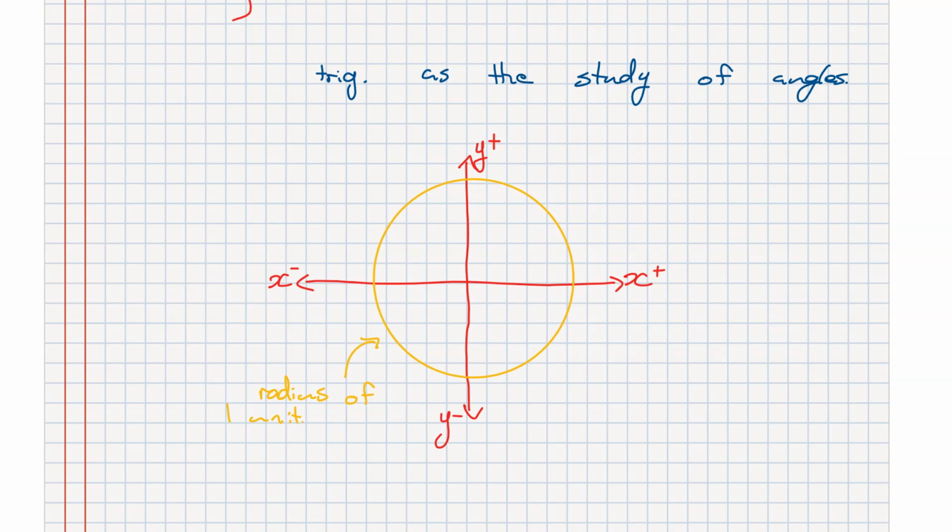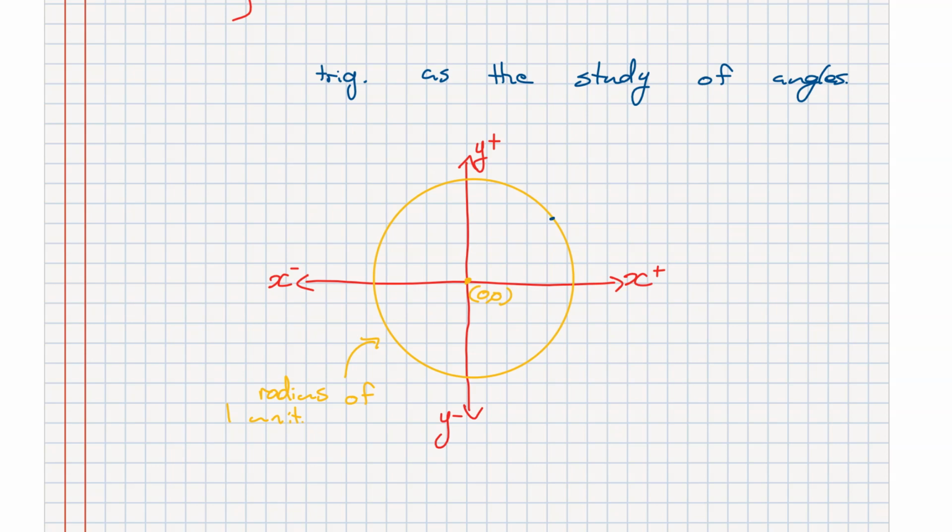And what that means is that if that's the origin 0, 0, every point along this circle is a distance of 1 unit away from the origin here.